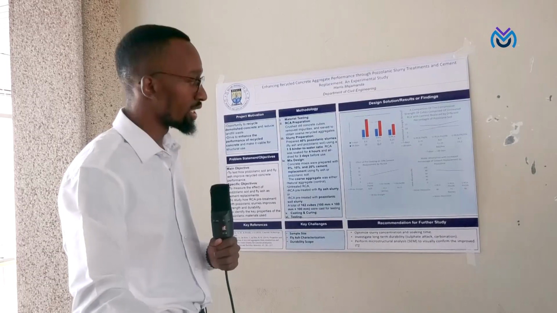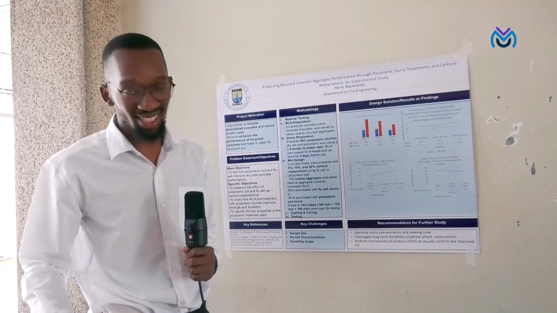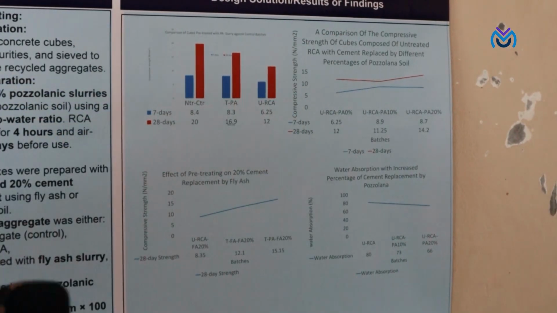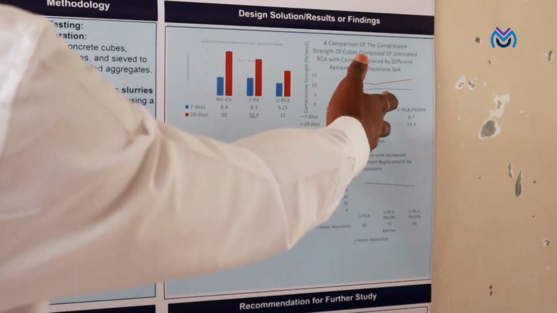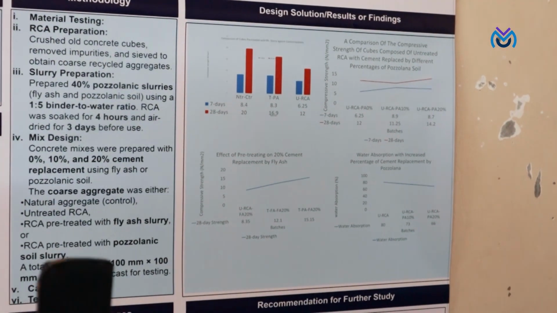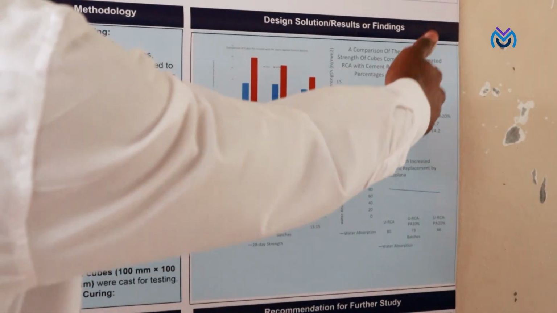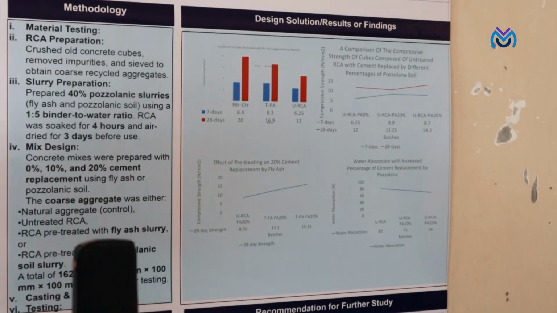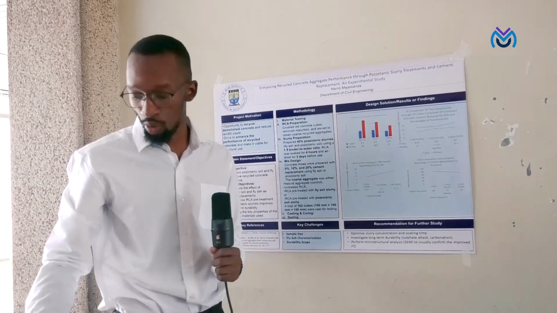For the recycled concrete aggregate treated in the fly ash slurry, the strength improvement was not significant. And if you see here, as we replace cement in both variables, the outlier in terms of performance was the pozzolanic soil, which increased the strength from 0 to 10% to 20%, as you can see in the graphs. The strength was not as high as the treated aggregate, but it was still higher compared to fly ash.